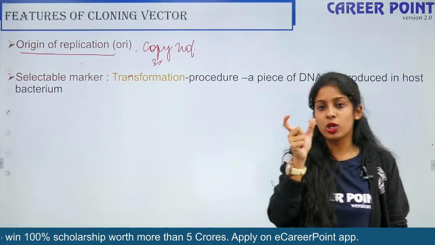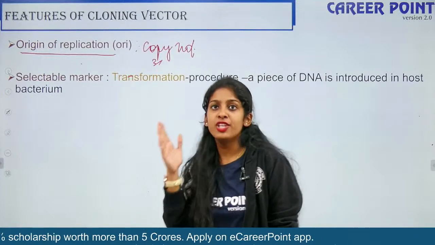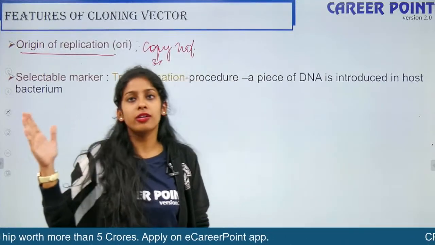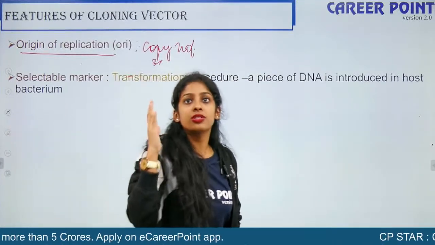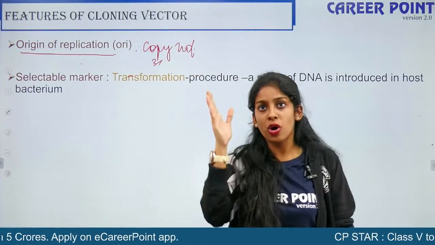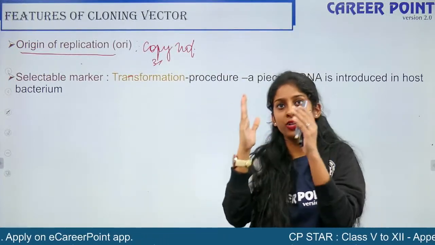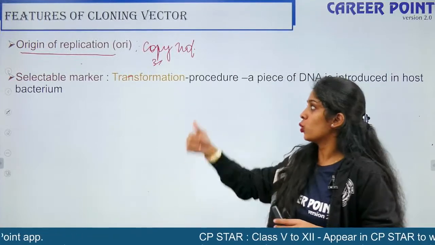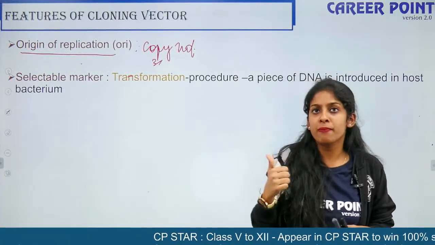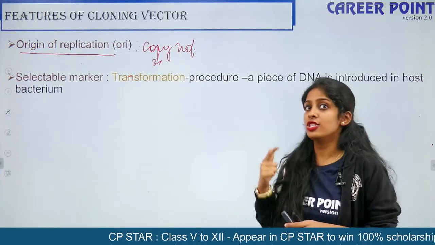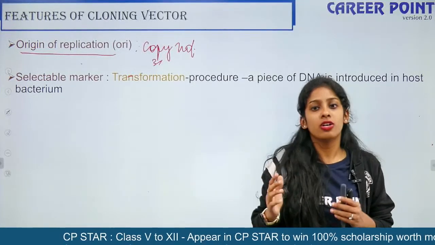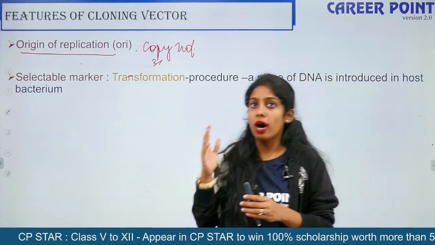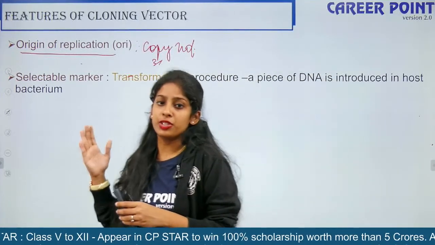Only to your ORI sequence does your DNA polymerase, the major enzyme which drives replication, bind, and that is how replication proceeds. Without the ORI sequence, your DNA polymerase will not bind, and hence replication will not take place. That is why I say ORI denotes a very strong replication start.